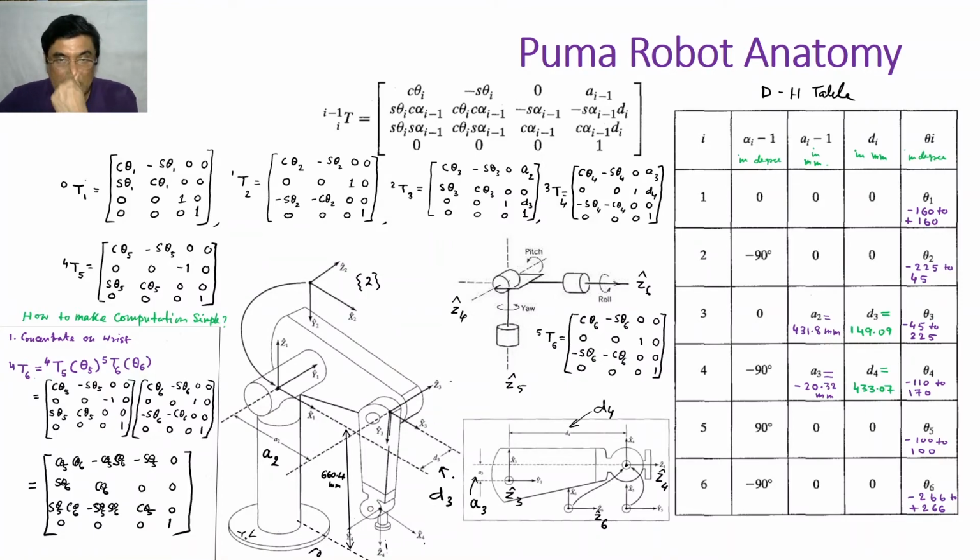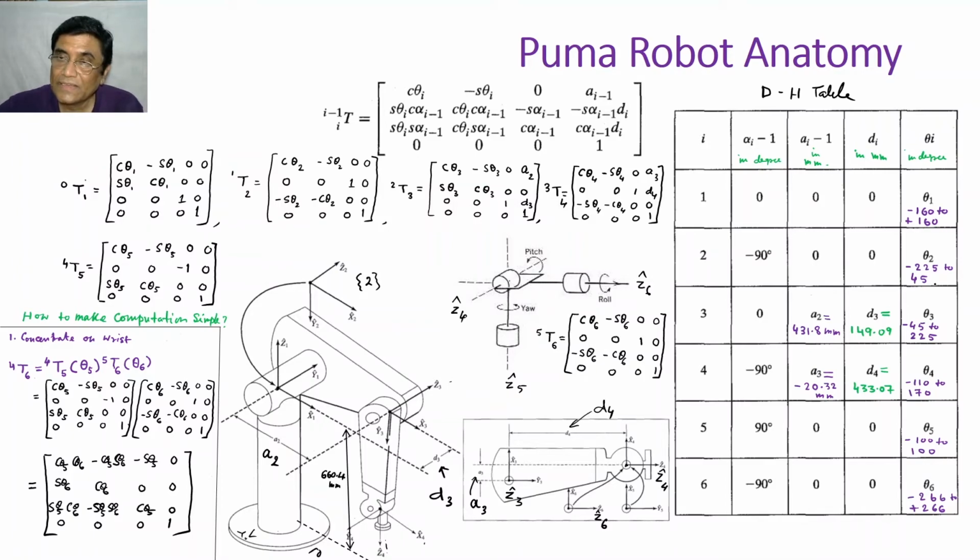Okay, so in this way, all the DH parameters are to be determined. Okay, and once you have determined, d4 incidentally is 433.07 millimeter, d3 is 149.09 millimeter, and then you see a2, that is link length, and this is offset, characterizing offset, that is the distance between two common normal.